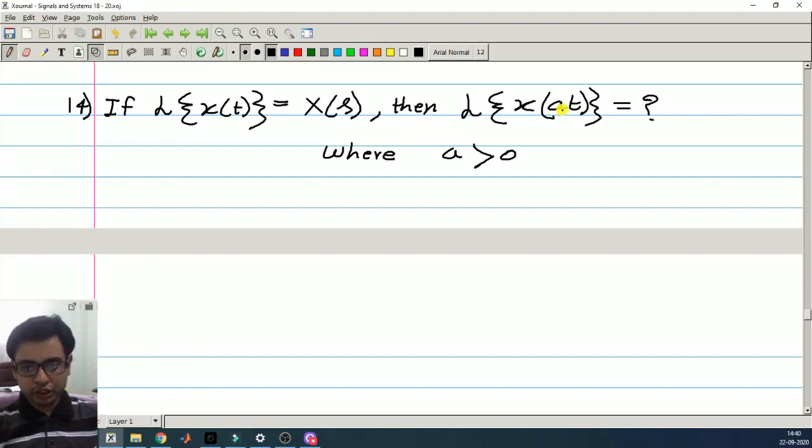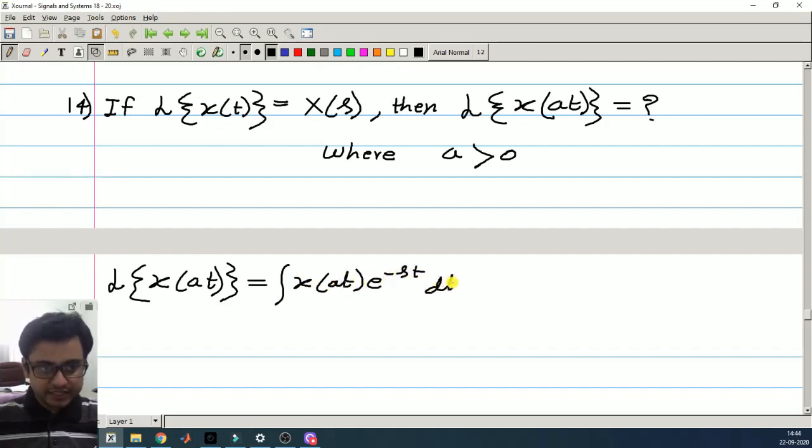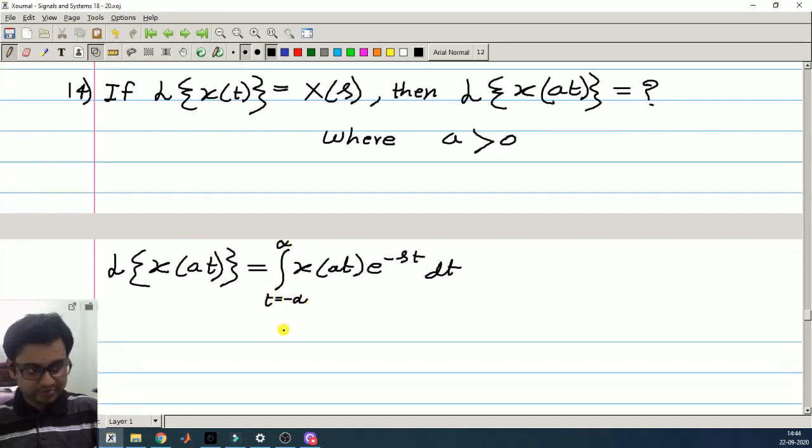And in this course we are not that interested about non-causal signals at this moment. So to find this, let me write Laplace transform of x(at) equal to integration of x(at) e to the power minus st dt, t running from minus to plus infinity.